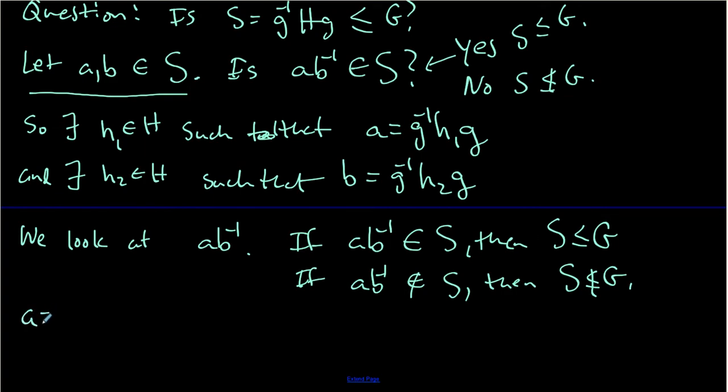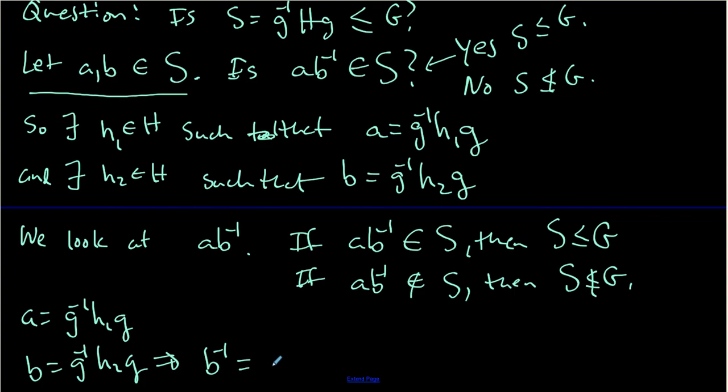So we're going to look at A times B inverse. Now, A, remember, is G inverse H1 G. B is G inverse H2 G, and that implies that B inverse is the inverse of G inverse H2 G, so it's that guy's inverse, and we have to reverse the order and slap the inverses on.